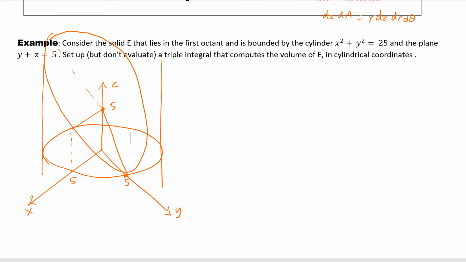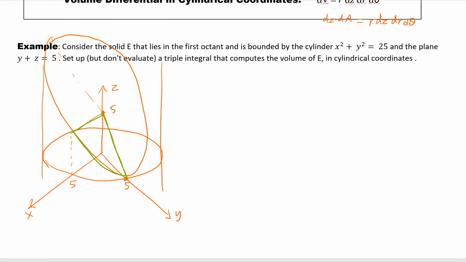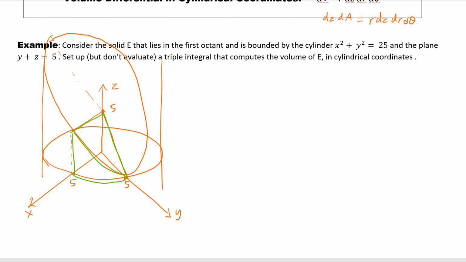Okay, so let me change to a different color. So this is the region. Can you imagine, everybody? Okay, so we want to compute the volume in cylindrical coordinates.